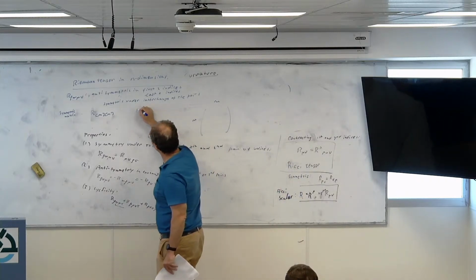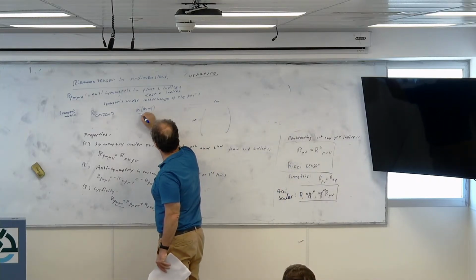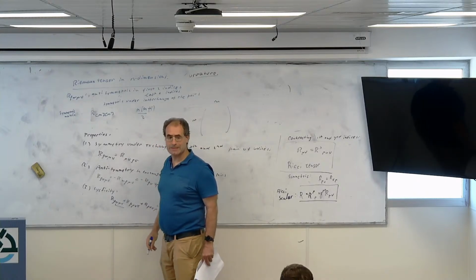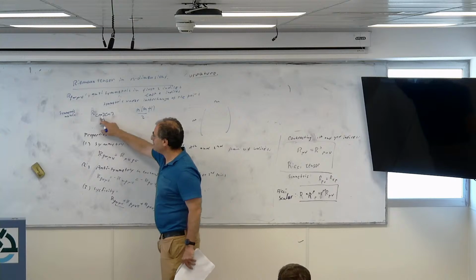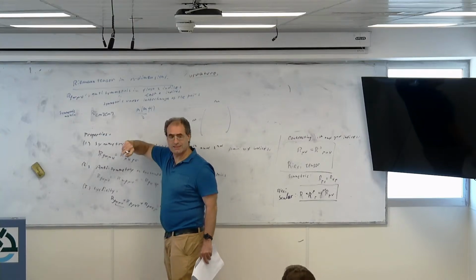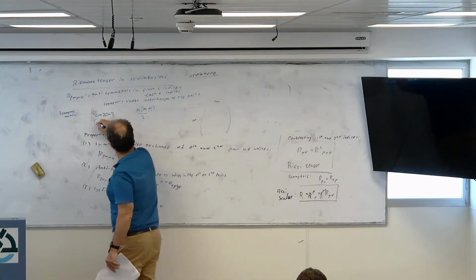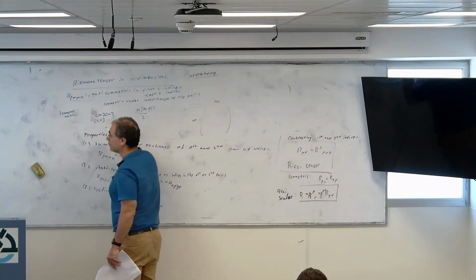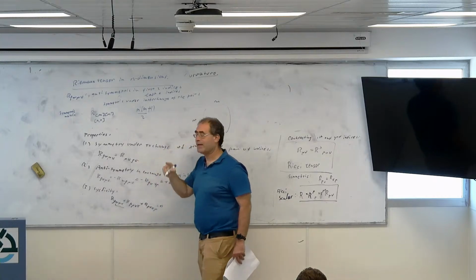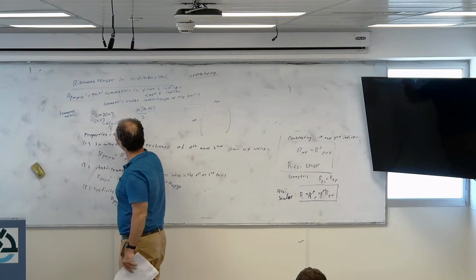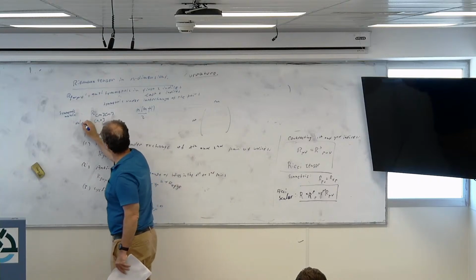M times M plus 1 divided by 2. Now, each one of these indices I can consider by itself as an anti-symmetric N by N matrix. So for an anti-symmetric N by N matrix, how many components does it have? N times N minus 1 over 2.